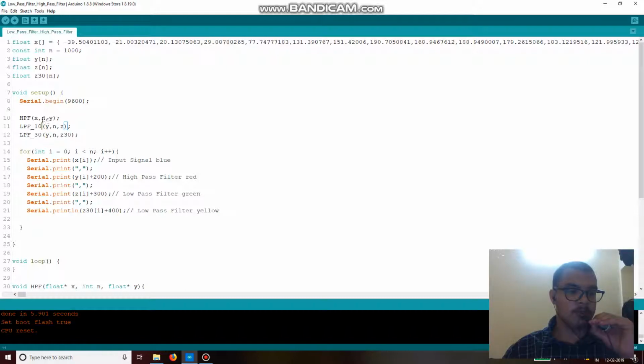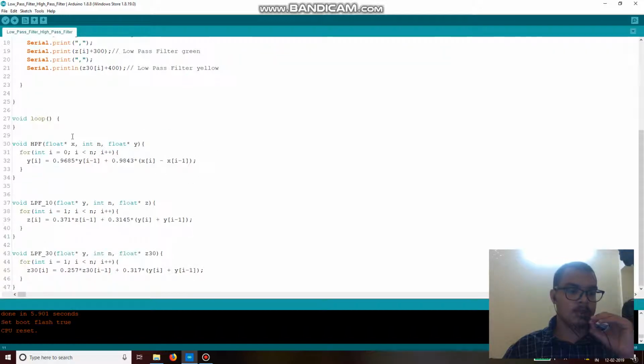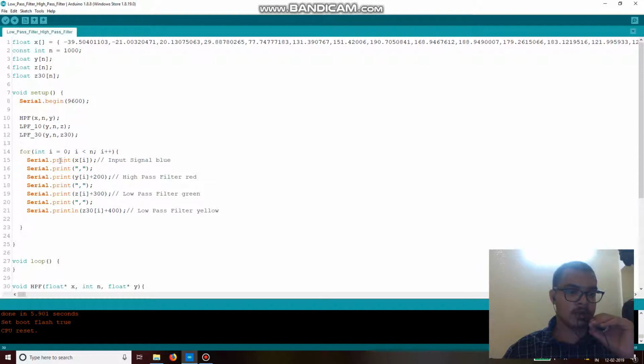Its input would be from the HPF filter, and the output would be stored in z. LPF30 would have its input from the HPF filter, and its output would be stored in z30. These are similar to that, only the coefficients were changed, based on the pole zero placement method.